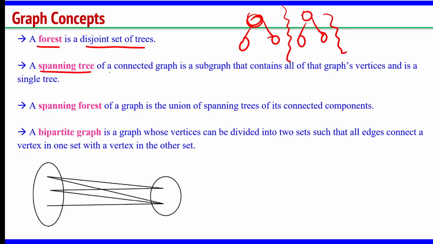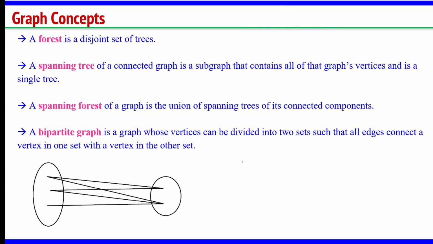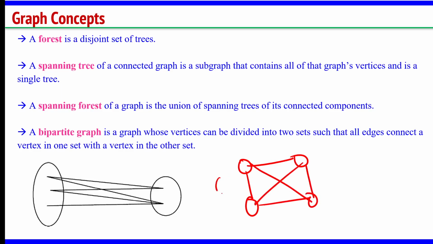What is a spanning tree? A spanning tree of a connected graph is a subgraph that contains all graph vertices and is a single tree. So given a graph like this, what is a spanning tree? Let us take this. I have a graph G like this.